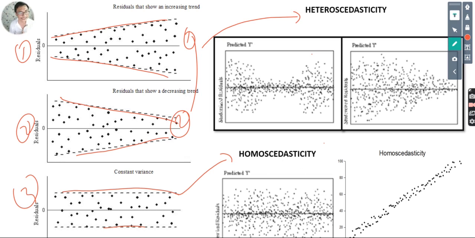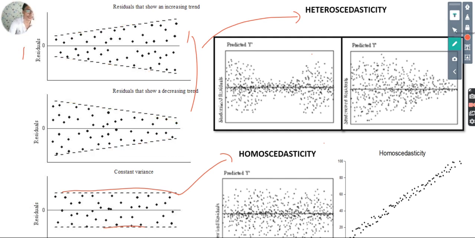Say for example, in the first one, the model deviates. Initially the model will fit, but slowly it is deviating, right? And in case of the second one, at lower x values, the model deviates. But when x values increase to the higher side, the model is fitting. So depending on that, we can easily understand.